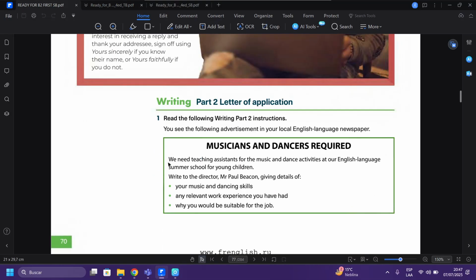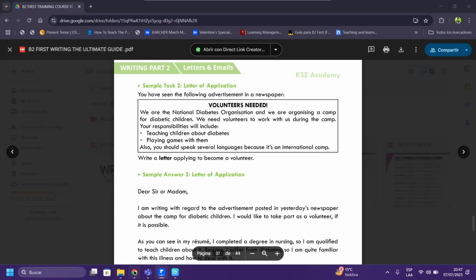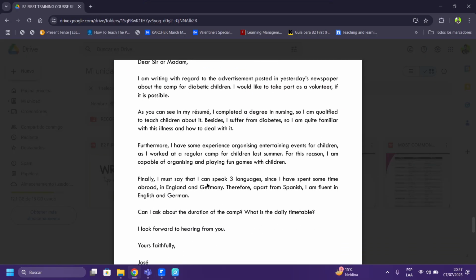In this part, the letter of application is very easy. In the real exam, you're going to come across an exercise exactly like this, and you have to write your letter of application in no more than 190 words. But before jumping right in, I'm gonna show you how to write a letter of application.